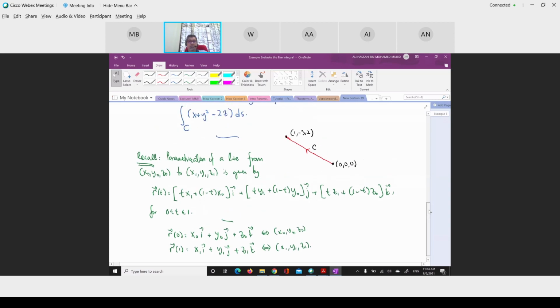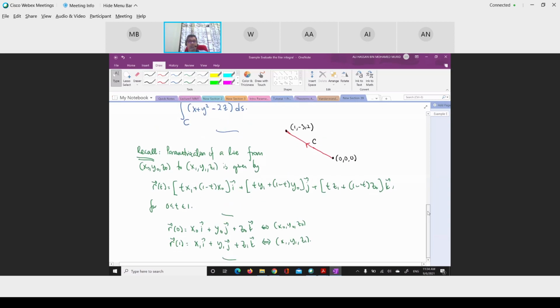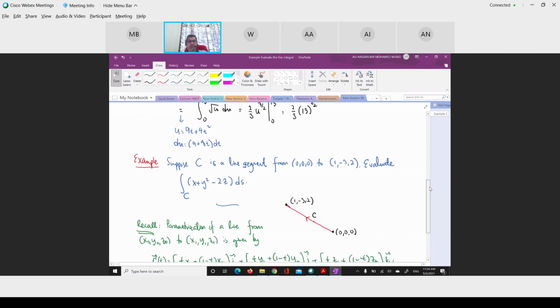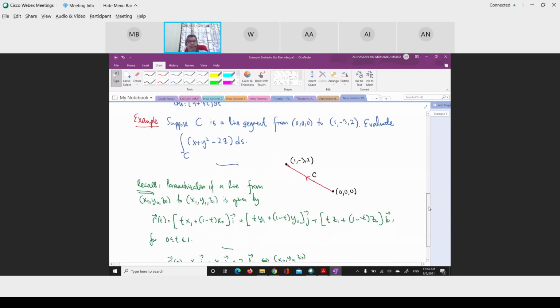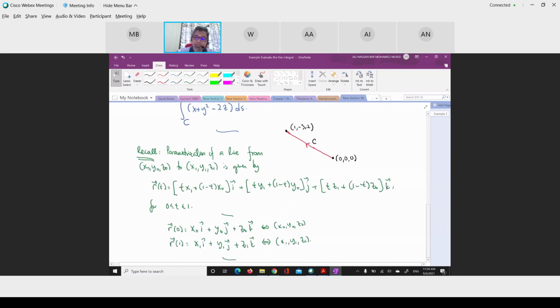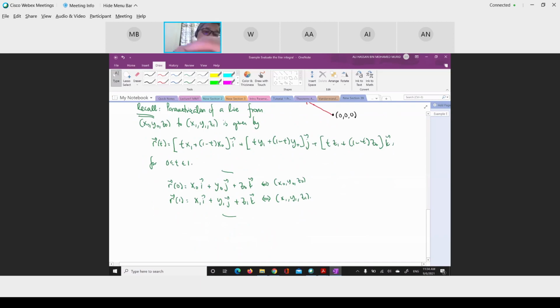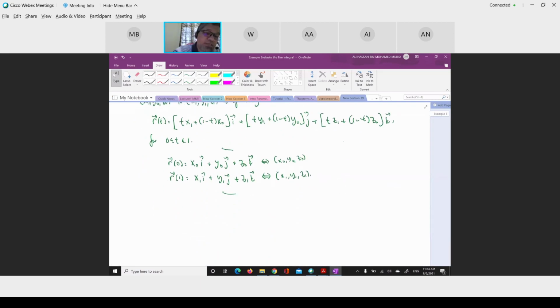So this is the formula we need to use to find the parametrization of the curve C. Going back to our example, we have x naught, y naught, z naught equal to the origin, and x1, y1, z1 equal to the point (1, minus 3, 2).